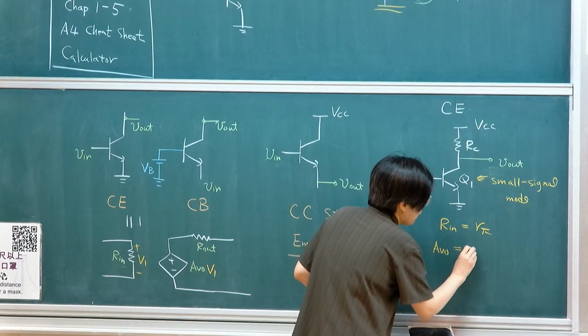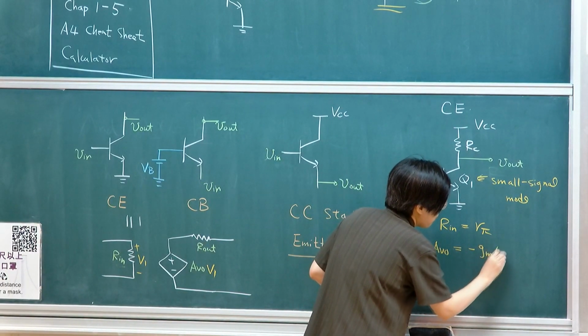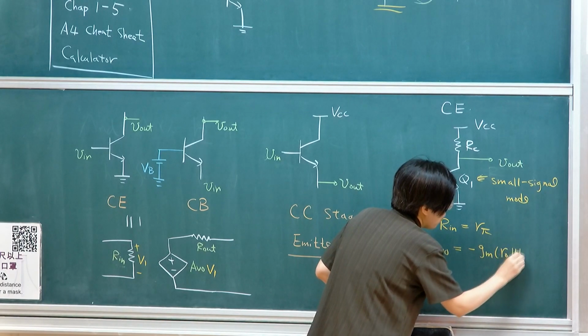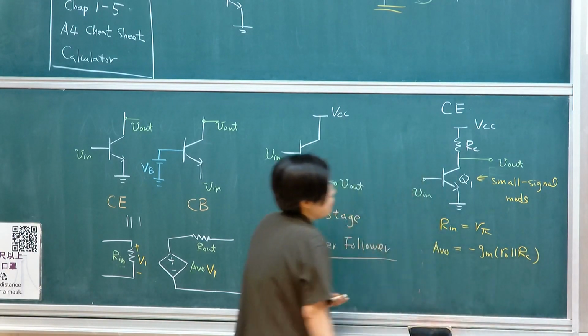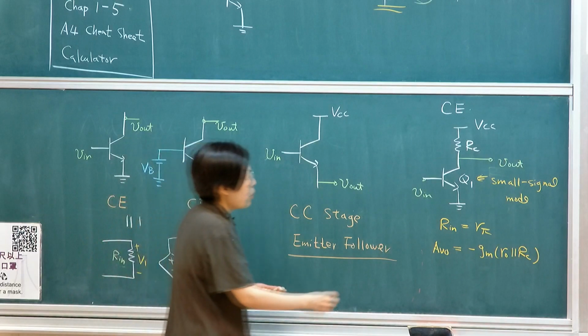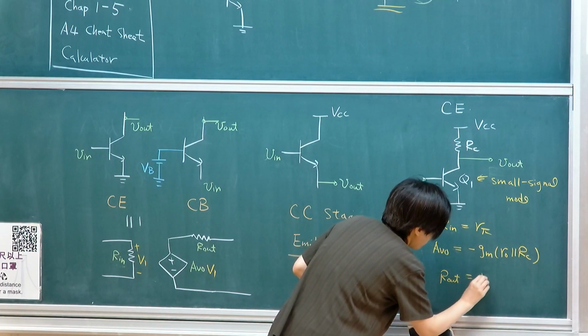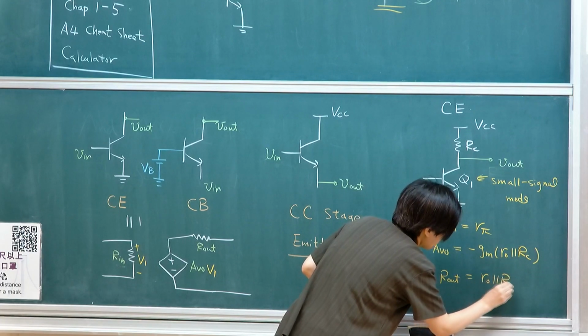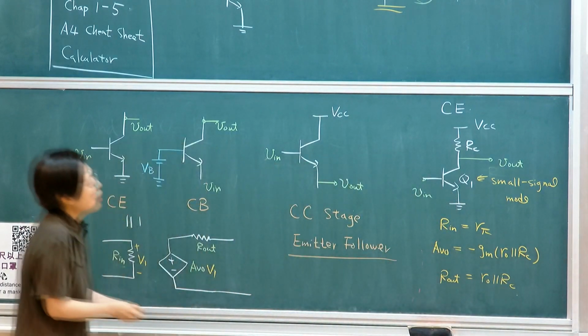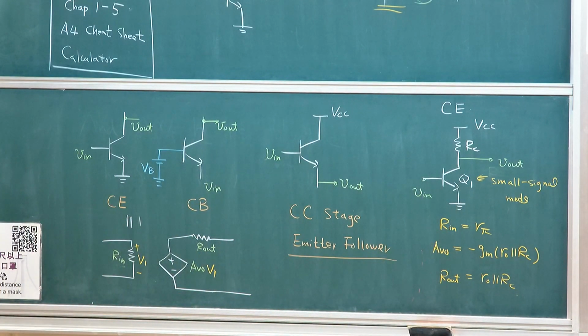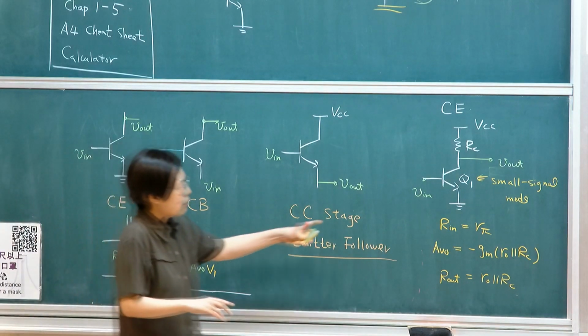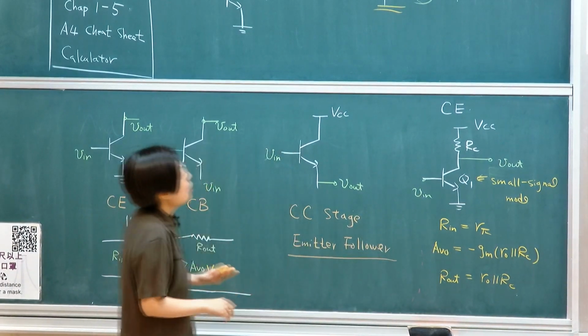Open circuit voltage gain is minus GM times RO in parallel RC, right? And then we already know that my output resistance will be RO in parallel RC. This has been established last week, Tuesday, right? So you know the three key parameters.